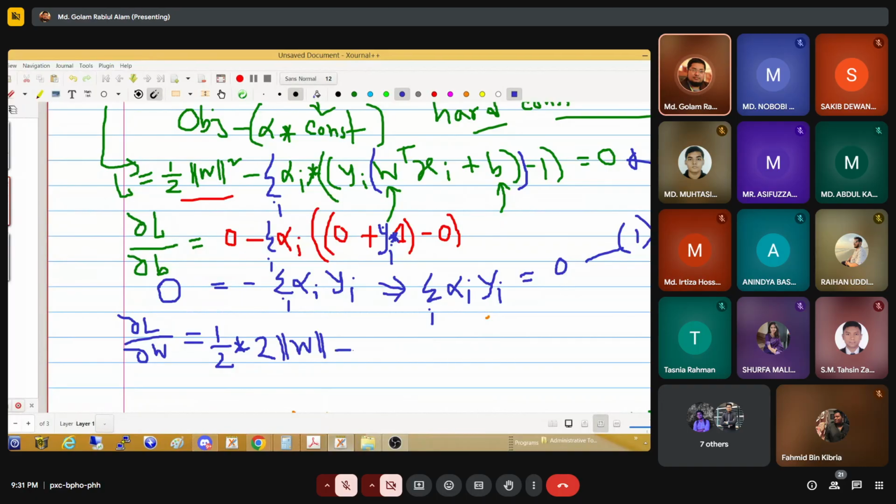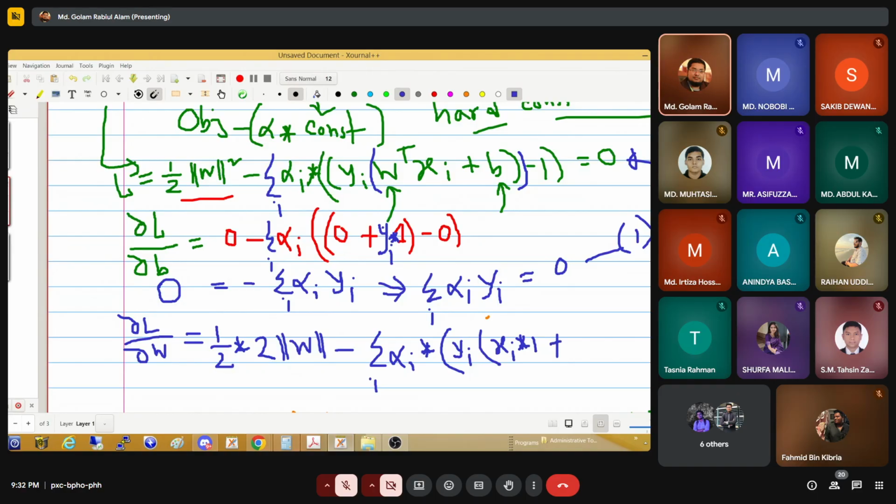Then minus the summation of i, alpha i. Then we have to think about the y_i, that is the W. So y_i is there. Taking the derivative with respect to W, here is the W, so x_i, we can see x_i times 1.